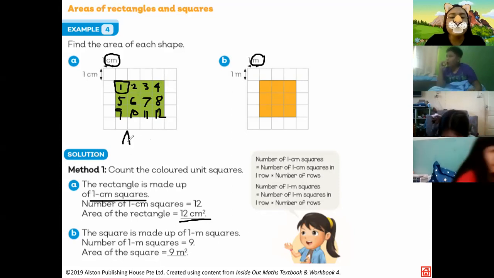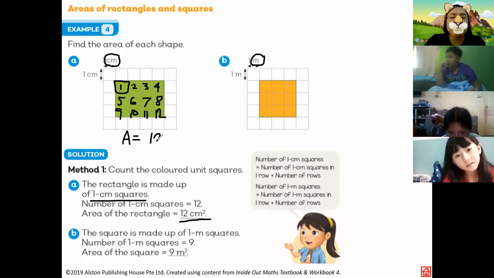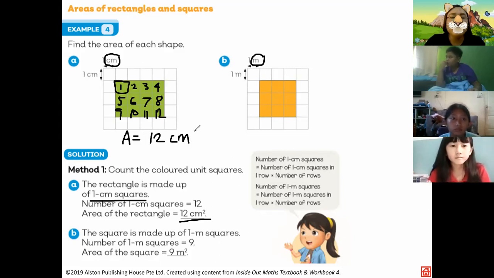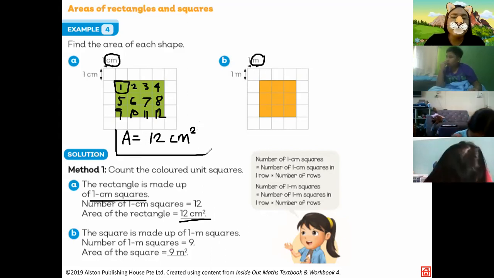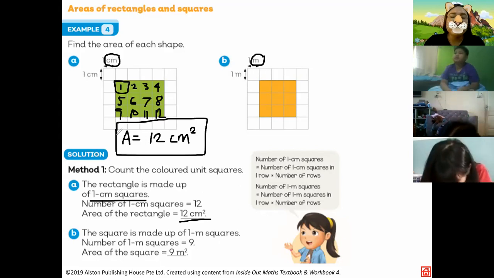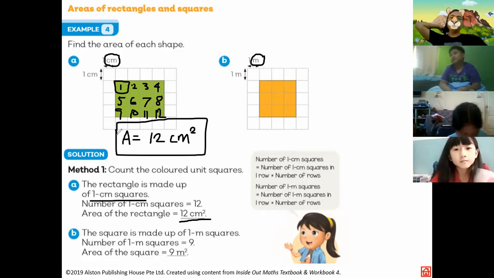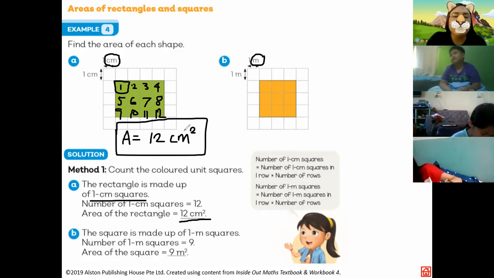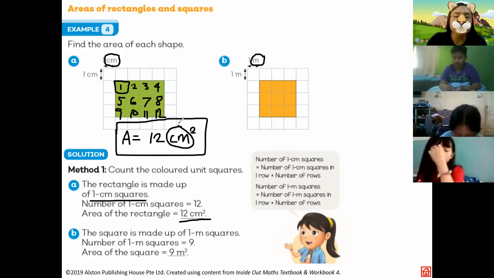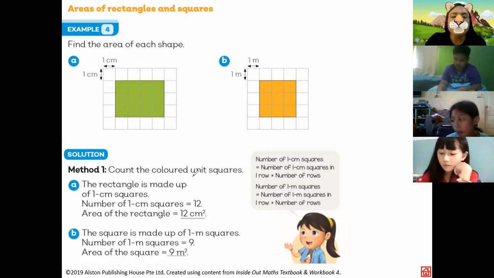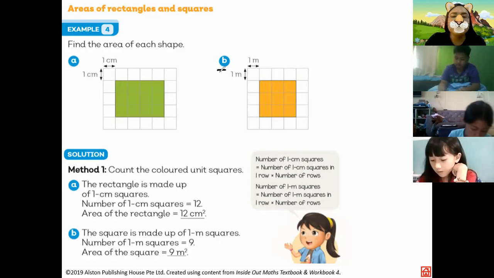So the area of this figure is 12 centimeters, and don't forget the number 2 or the square sign. So that's 12 centimeters squared. Do you understand? Yes. So we have the unit already, centimeter. All right, so let's proceed to letter B.